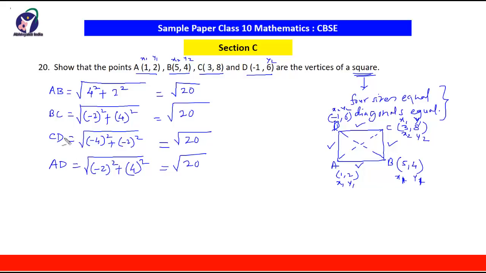It means AB is equal to BC is equal to CD is equal to AD, all the four sides are equal. Now we will find the diagonals AC.